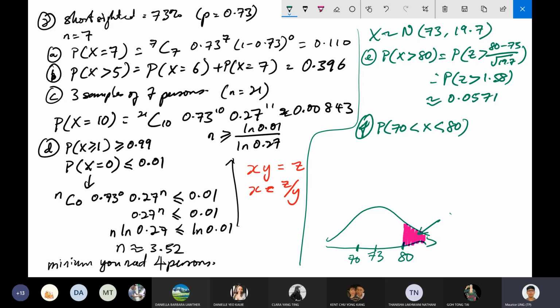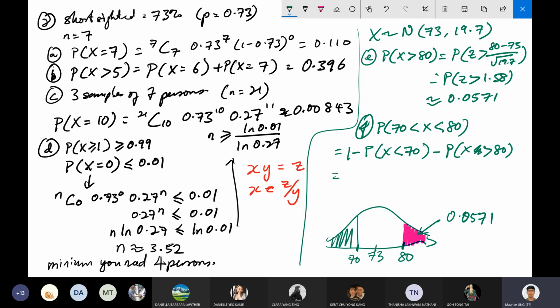Okay, so you know this is 0.5 minus 0.0571 already. So now you have to find what is this area. Okay, so you calculate, you get 1 minus P, that is X less than 70, minus P, X more than 80.